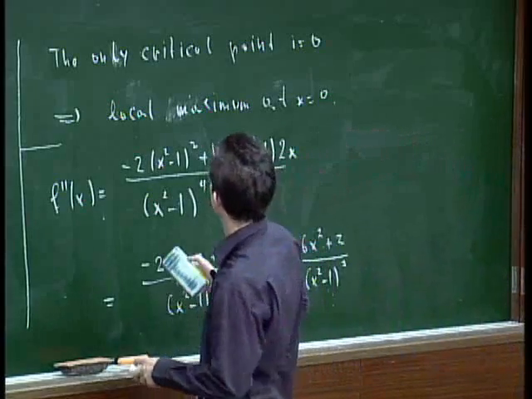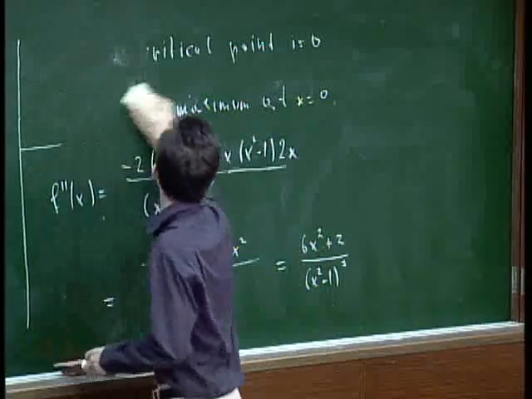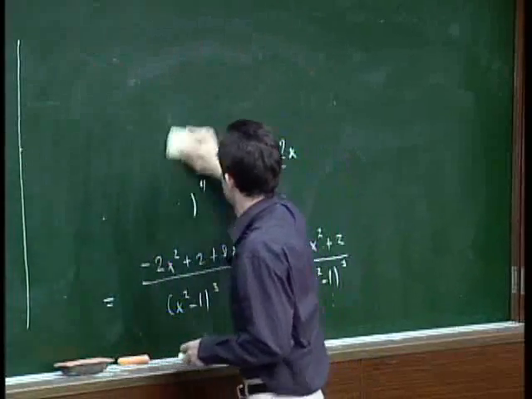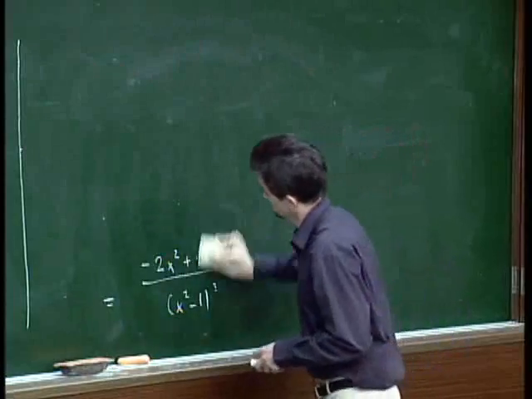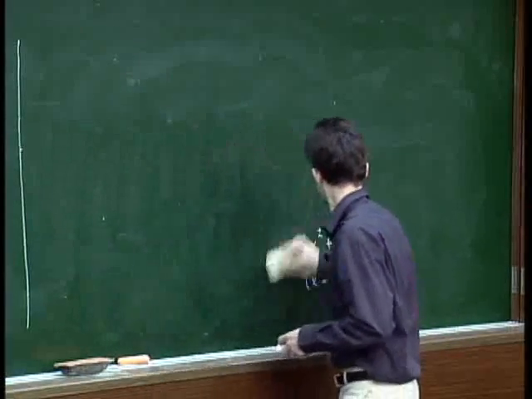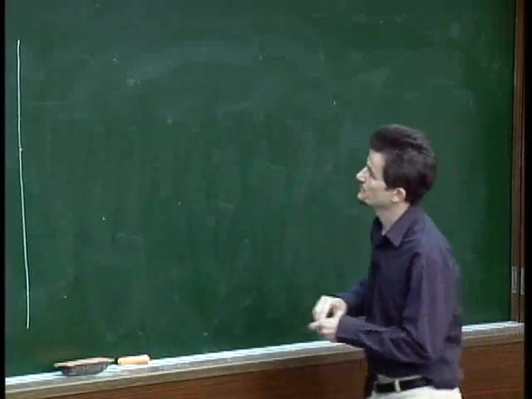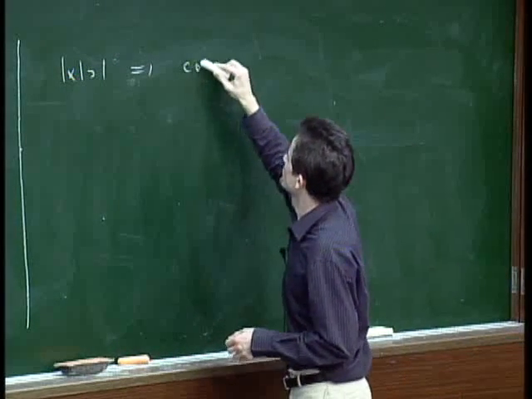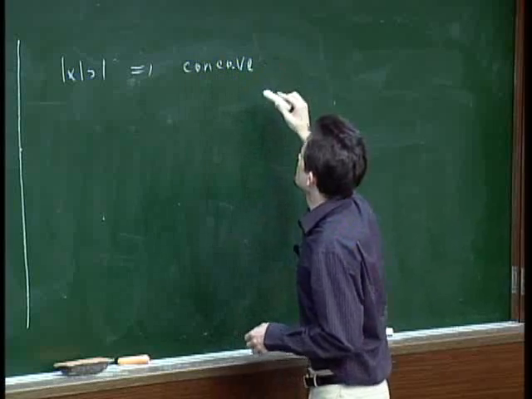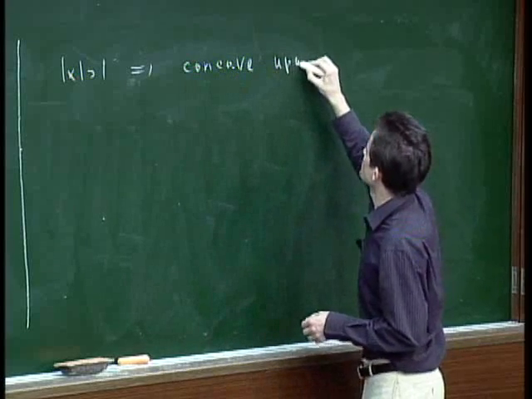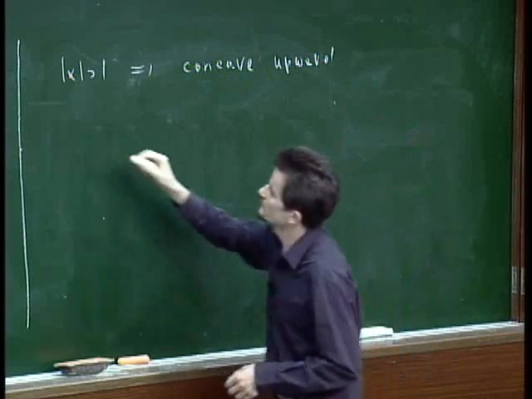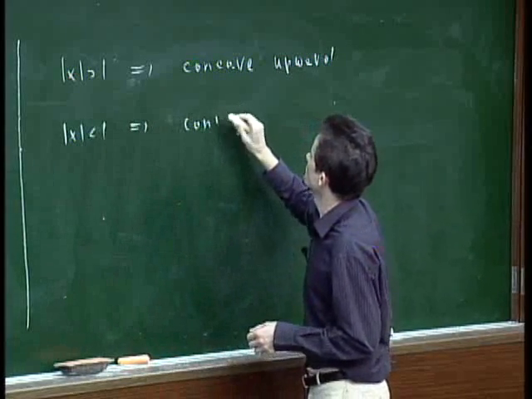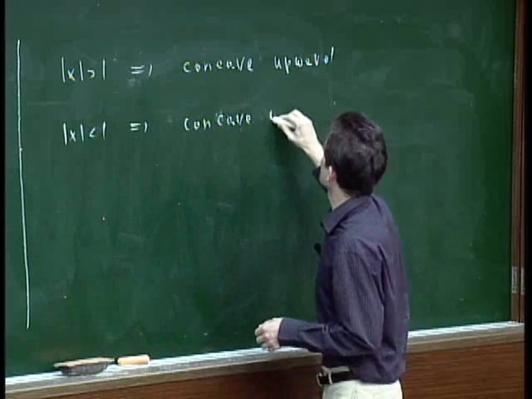Okay, so as for the concavity behavior, if the absolute value of x is larger than 1, then we have concave upward. And if the absolute value of x is smaller than 1, then we have concave downward.